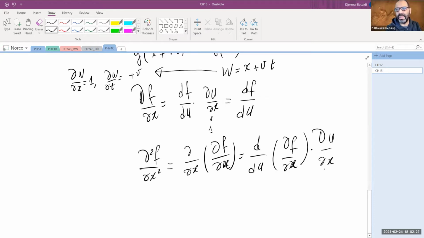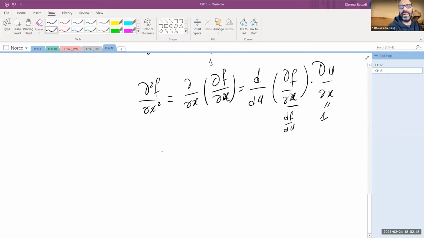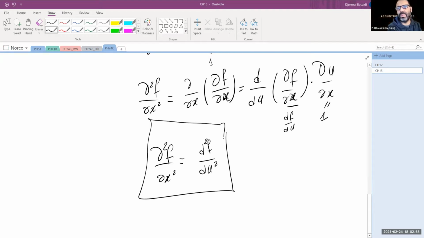I'm trying to apply the chain rule here. I hope you guys remember that. This is 1, and this is df with respect to u from the previous argument, and this will become the derivative with respect to u of the derivative of f with respect to u, which is just the second derivative of f with respect to u. So the second partial derivative of f with respect to x is simply the second derivative of f with respect to u. This is result number 1 that I will need later on, okay?